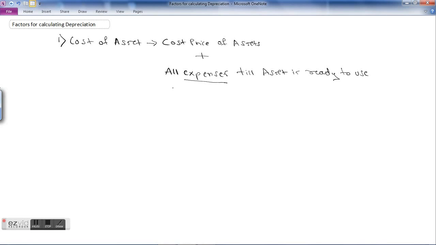What are those expenses? Installation charges. There may also be some transportation charges. Then there may be some commissioning, then some trial runs. So the cost of trial run, all these expenses plus the cost price of the asset will make the cost of asset. So remember, all expenses till the asset is ready to use.